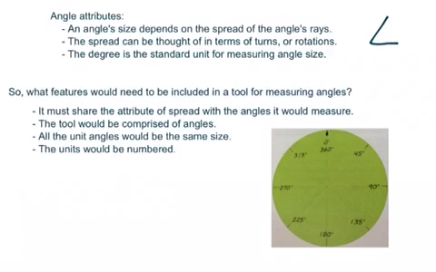The second thing it says here is the spread can be thought of in terms of turns or rotations. So, how far of a turn am I making if I'm thinking about the space that's in here? Right? So, if this would be a quarter turn, it's less than a quarter turn that I'm making. And then the degree is the standard unit for measuring angle size.